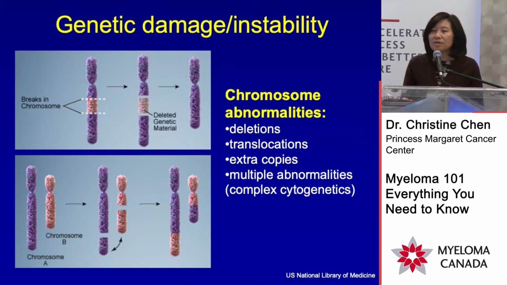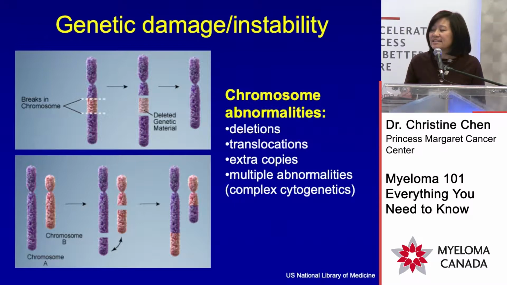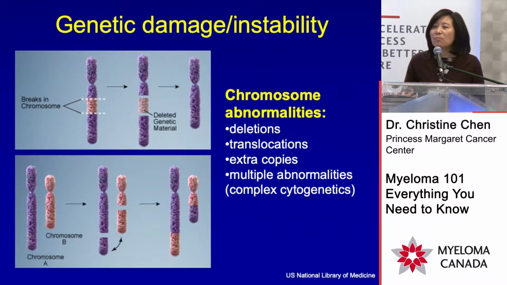So genetic damage or instability, as I said, is seen with basically every patient. We can detect a lot of these abnormalities doing FISH cytogenetics, which you might have heard about, and a variety of abnormalities can be detected. Chromosome deletions, translocations, you can get extra copies, and then you can have a whole multitude of abnormalities, and we refer to that as complex cytogenetics.